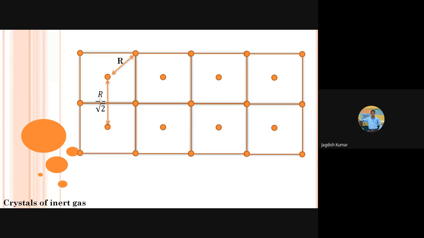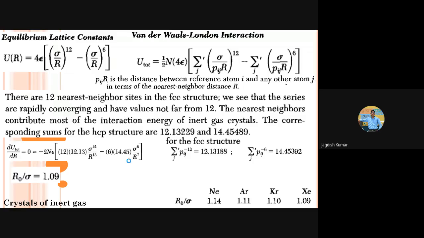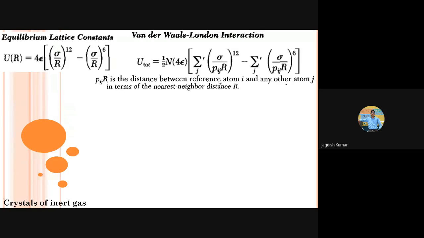If I do a quick calculation directly, 12 by 64 is 0.1875. So what will the next nearest neighbors give to this series? It will be 12 from the nearest neighbors plus 0.1875.